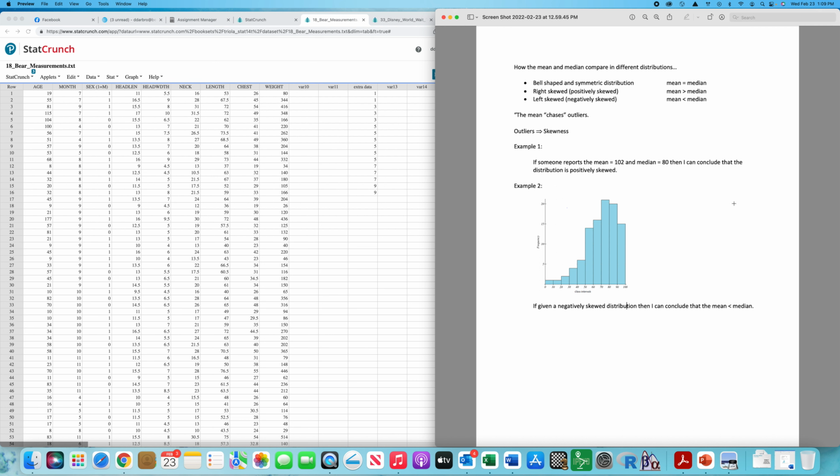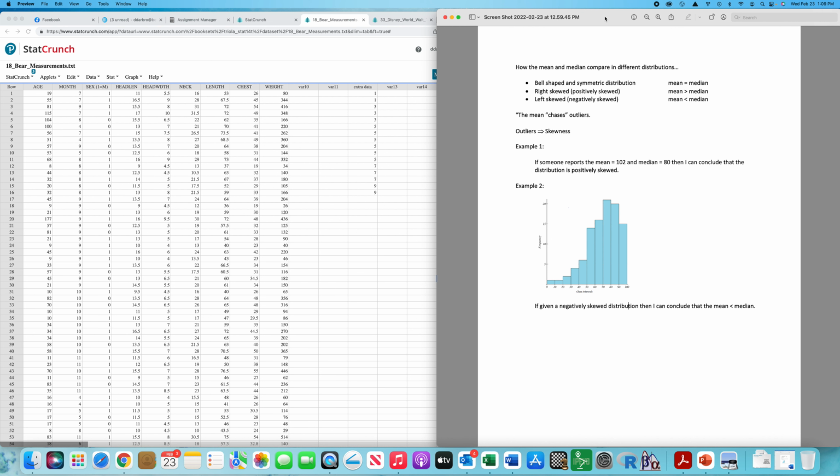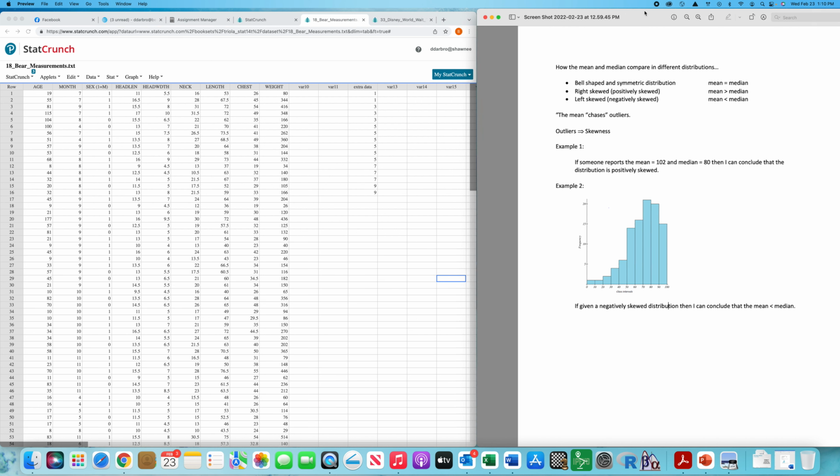Now, this is an important concept, so it's important enough for me to dig a little bit deeper. So that's what I want to do right here. So you can see what I've done. First of all, I've got this data set on bear measurements, and I want to take a look at some box plots of some of the quantitative data here, and I'm going to even bring in some categorical stuff as well.